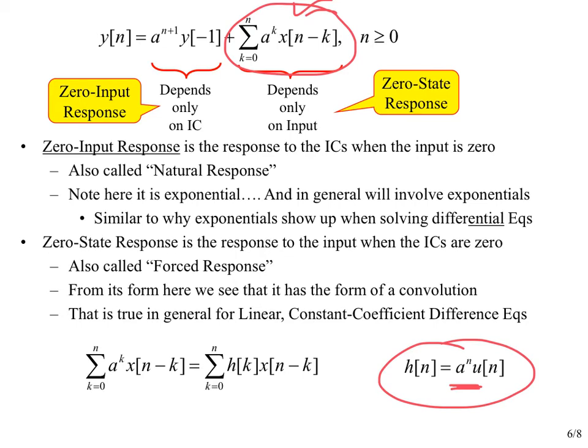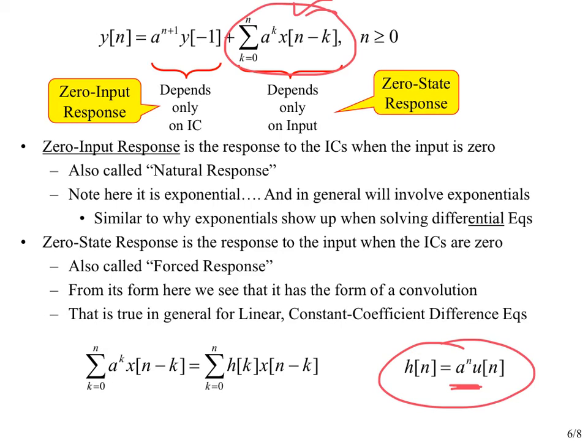So we have to have a decaying impulse response in order for that sum to end up being less than infinity. And it can't just be any old decay. It has to be a fast enough decay. It turns out that if the magnitude of A is less than 1, we can show that that will indeed sum to something less than infinity. And so this system will be stable if the magnitude of A is less than 1.